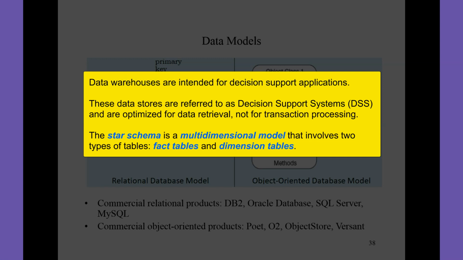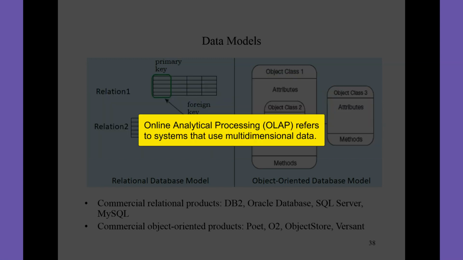The other type of table is the dimension table. These provide different kinds of lenses by which you can slice and dice the numerical data. Examples might include customers, departments, products, time periods, and so on. The term online analytical processing, or OLAP, refers to the types of systems that use multidimensional data.